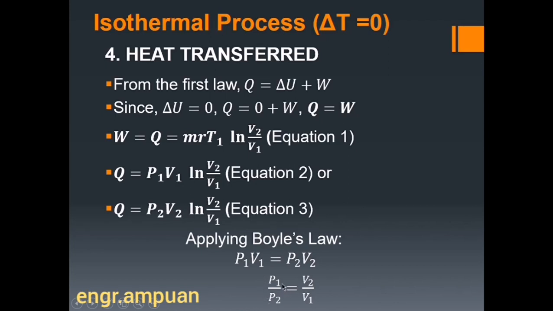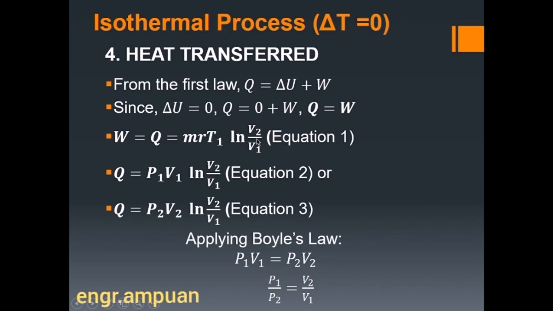So using Boyle's law, you can substitute. As you can observe in our equations 1, 2, and 3, you can substitute P sub 1 over P sub 2 here, because they are just equal. So it depends upon the problem.